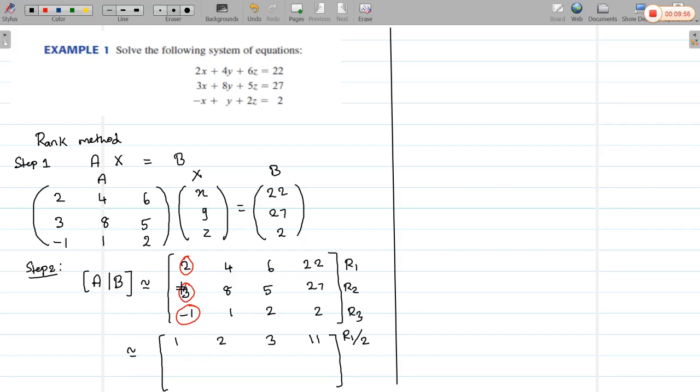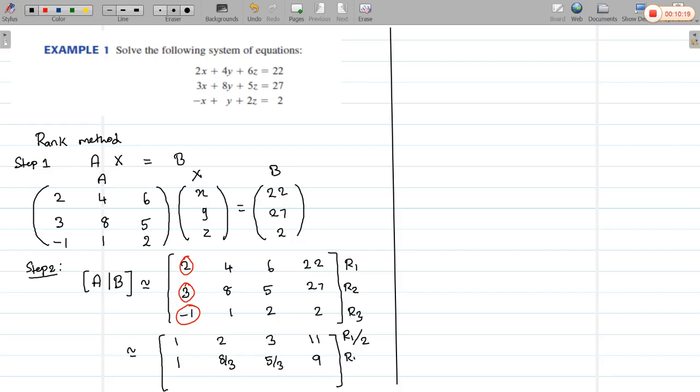Now, I need to make this 3 as 1. What is the operator I'm going to use here? Division. So here I divide by 3. 1, 8 over 3, 5 over 3, 27 over 3 will be 9.